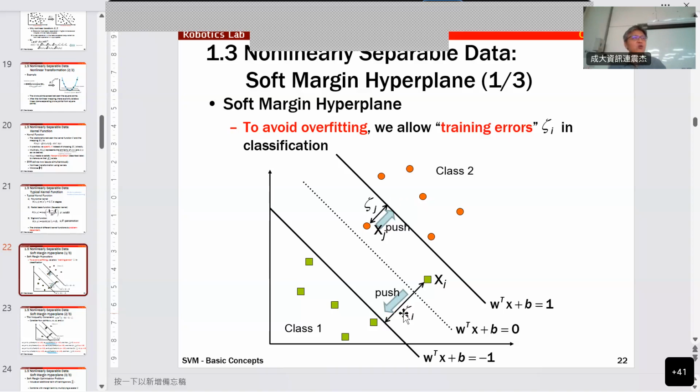You should allow some training error. So they allow some error. So originally the margin is 1 is 2, but right now you will allow some error term. Actually, the error term is kind of a noise.